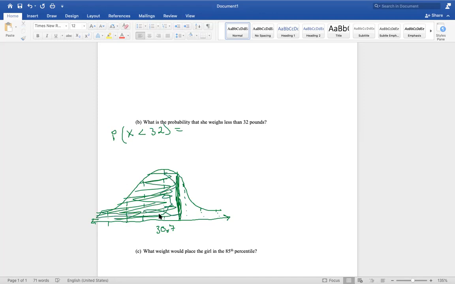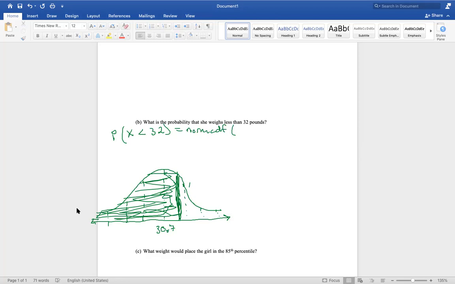All right, so once again, you can use a z-score to do this and look that value up in table A, or you can use normal CDF. That's what I think I'm going to do. Normal CDF on the calculator. So you just start with your lower amount, which in this case is way out here, like negative infinity.